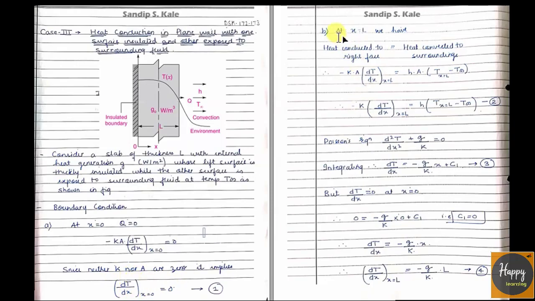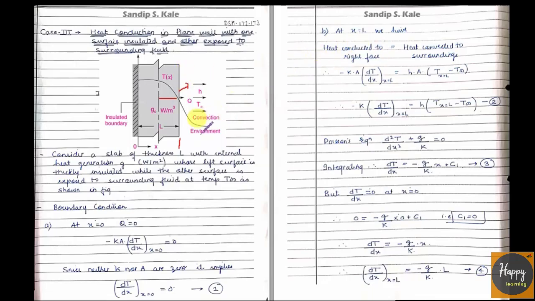Now at x is equal to L, what boundary condition will we apply? Whatever heat is conducted into the solid medium will be convected out, right? So we can apply the energy balance equation.